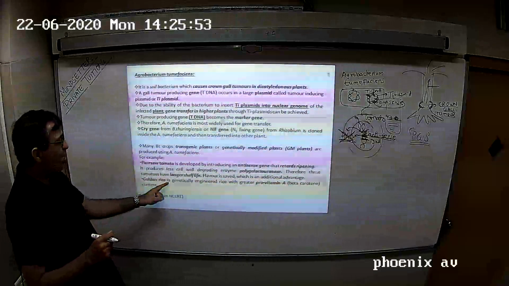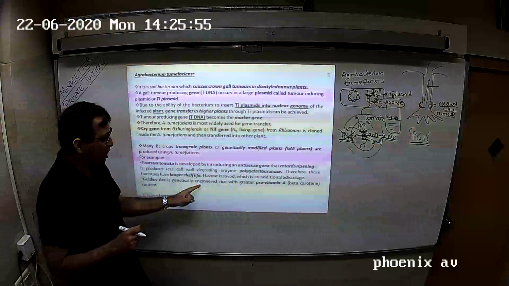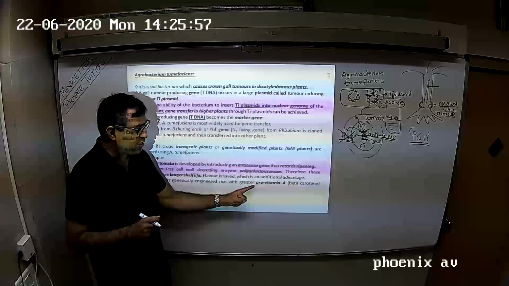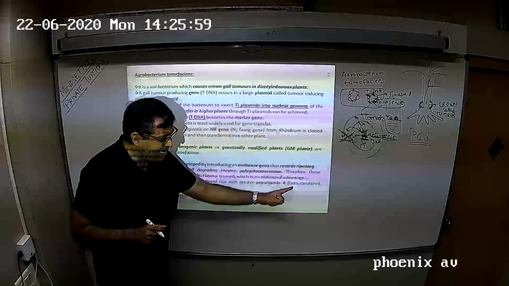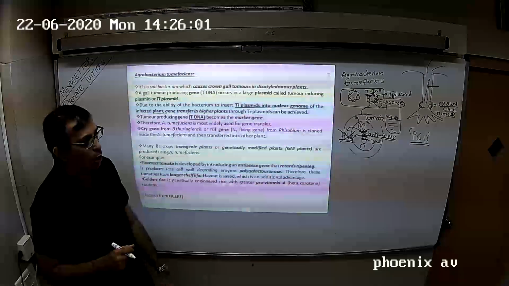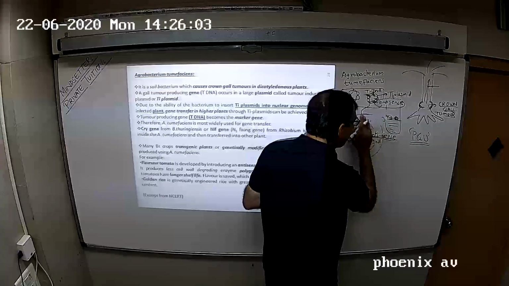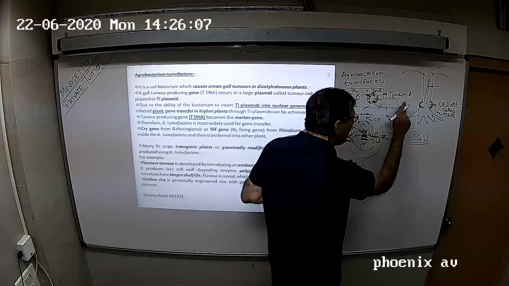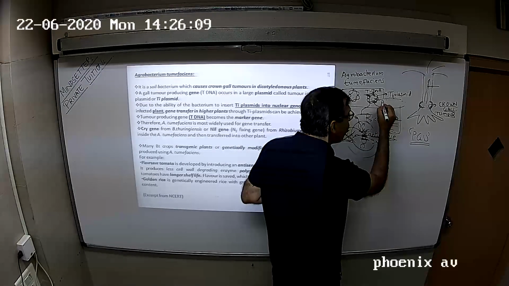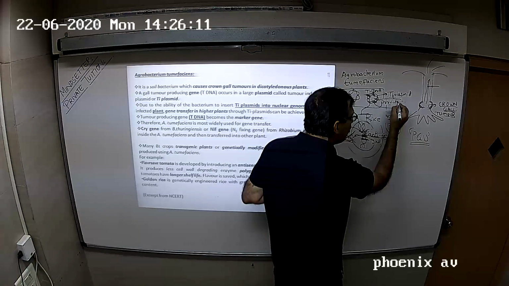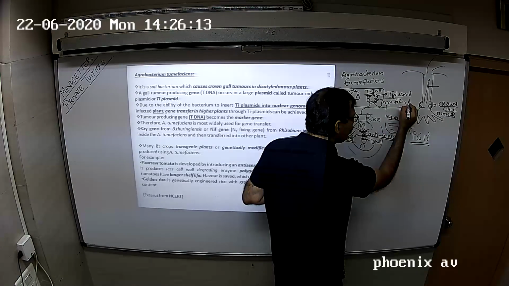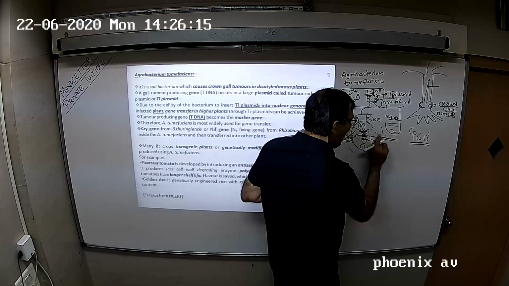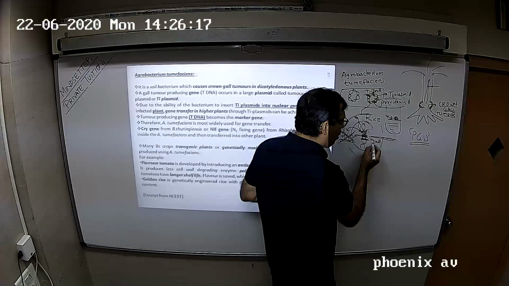Similarly, golden rice is made, which is genetically engineered rice with greater provitamin A, beta carotene. So sir, into our rice plant we put in a gene for provitamin A. And what will the rice plant now have?